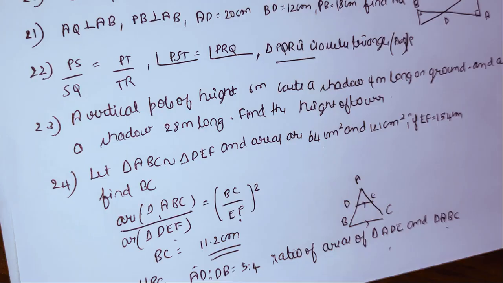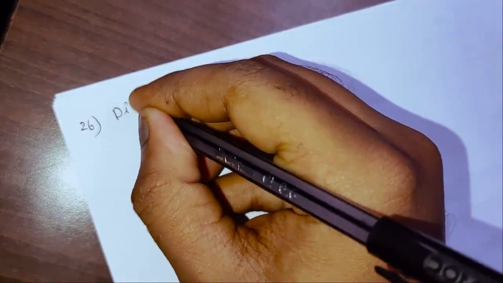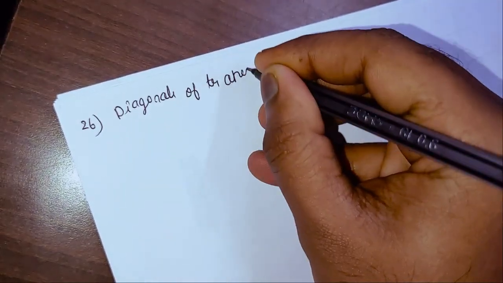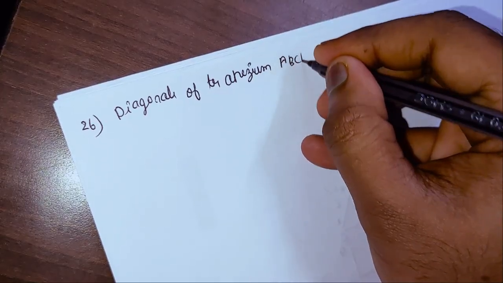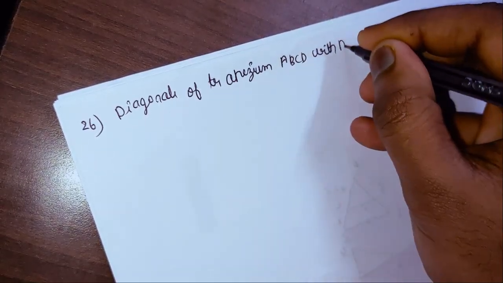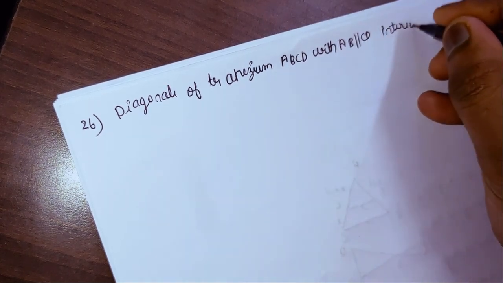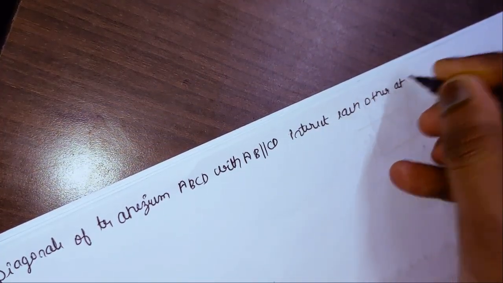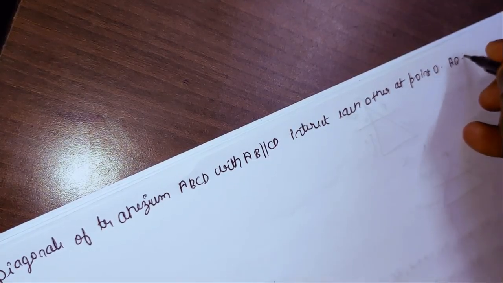Now let us move into the 26th question. Diagonals of a trapezium ABCD with AB parallel to CD intersect each other at point O. AB is given, that is 2CD.